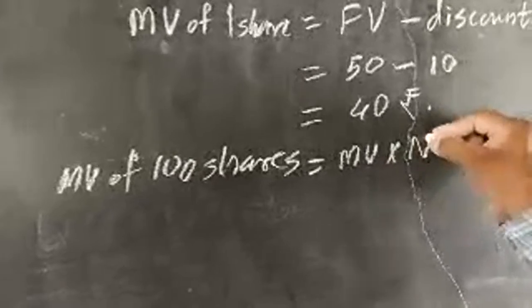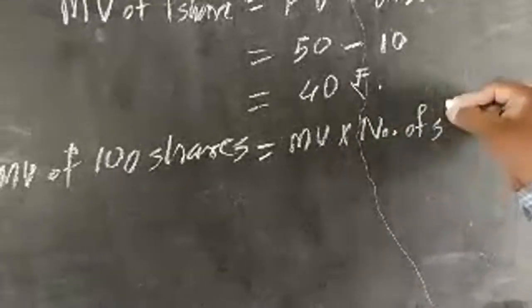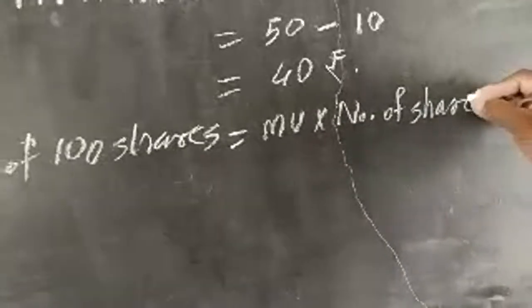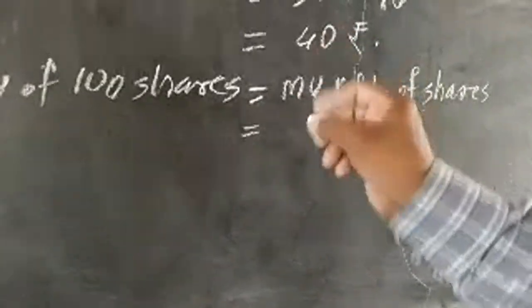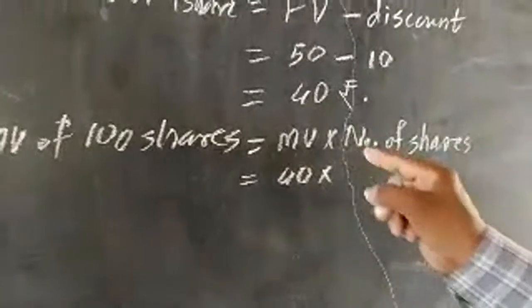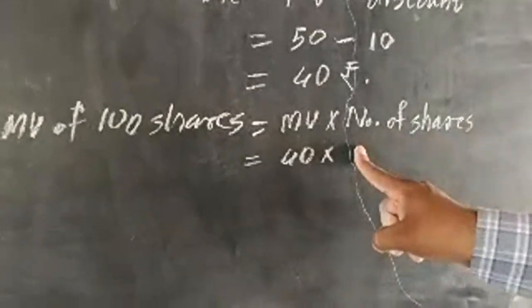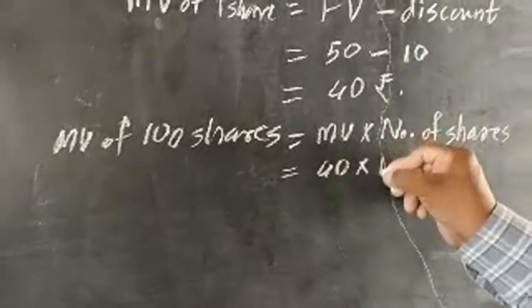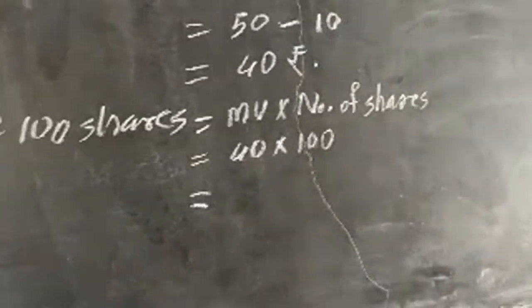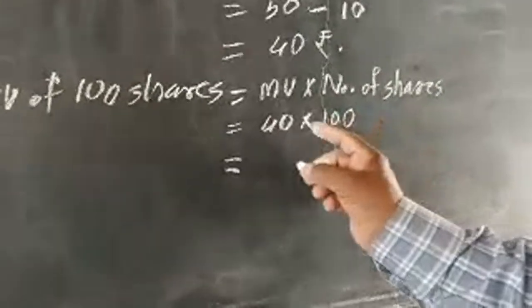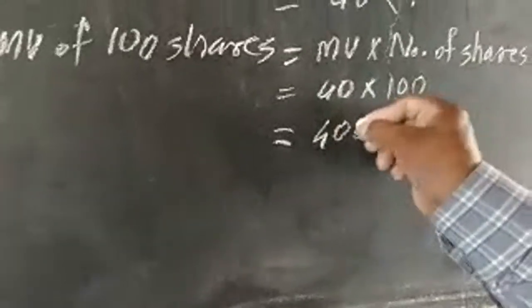MV into number of shares. Market value of one share is 40 rupees, and he sold 100 shares. Then the multiplication is 4,000 rupees.